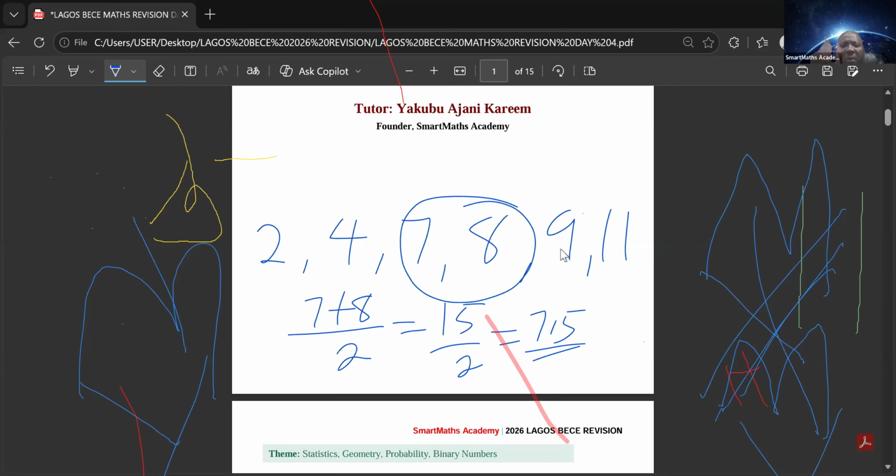So the numbers that are not less than 5 are just 5 and 6. So it is 2 out of 6, so it will be 2 over 6, because the total numbers here is 6. I hope I'm making sense. So that gives us 1 over 3. Please, if I'm making sense, let me know.